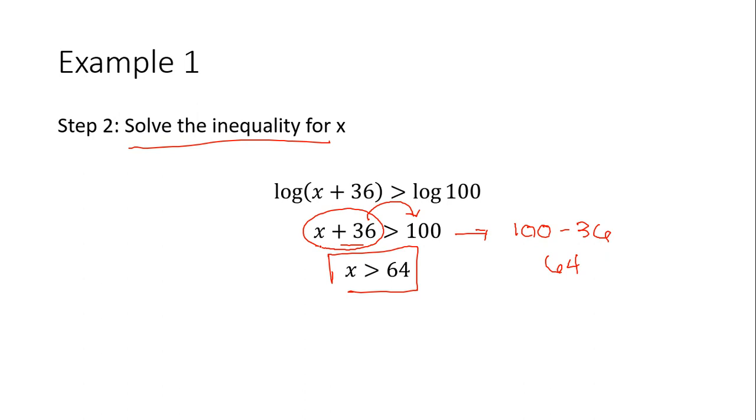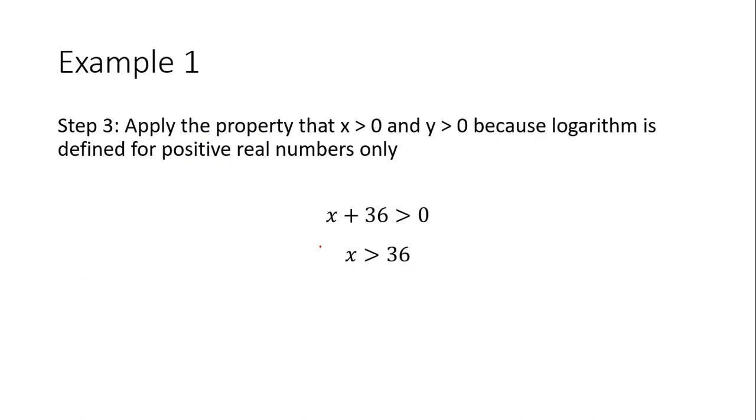So ito lang po yung gagamitin natin dito po sa pag-a-apply ng property na x is greater than 0, then y is greater than 0. Okay? So si x plus 36, greater than lang natin siya kay 0. Transpose positive 36, magiging negative 36 na po siya. Okay, ito naman yung pangalawang value po ni x na nahanap po natin.